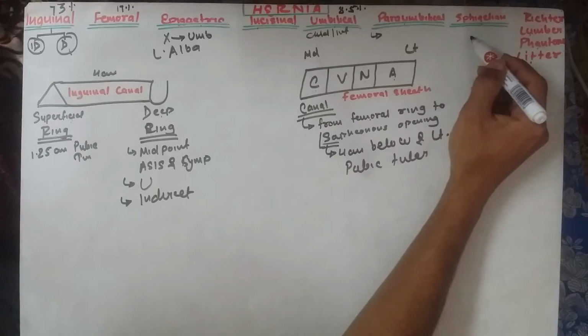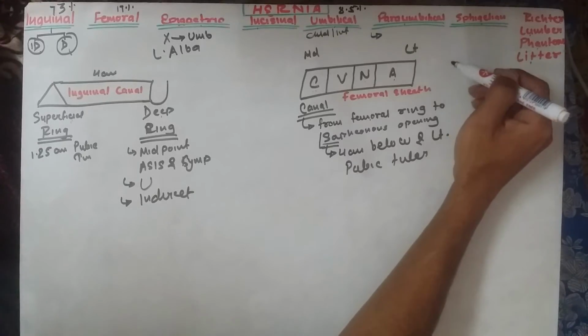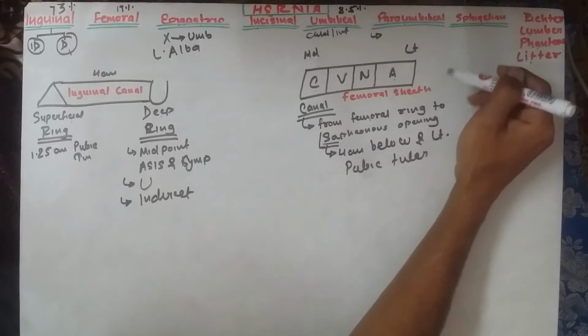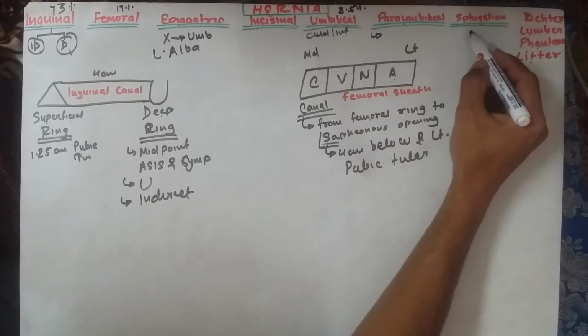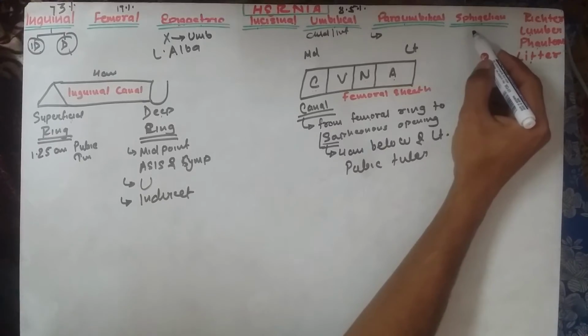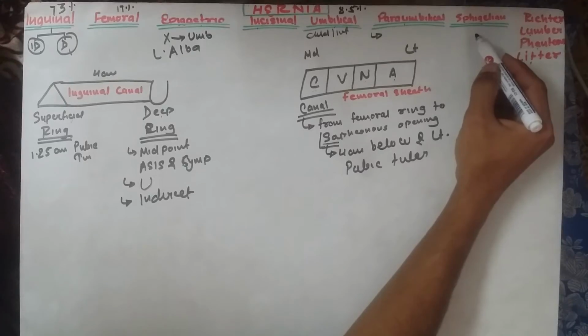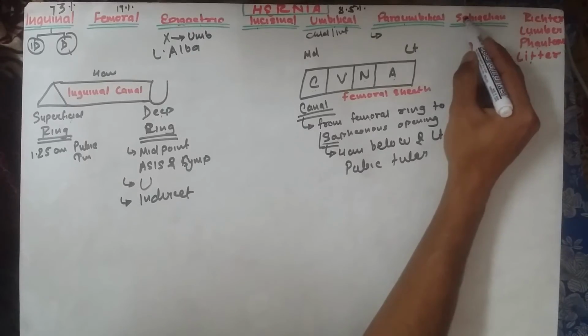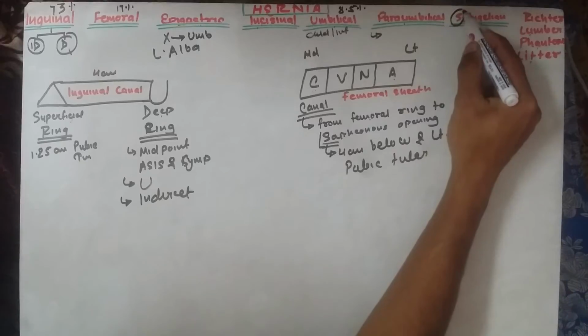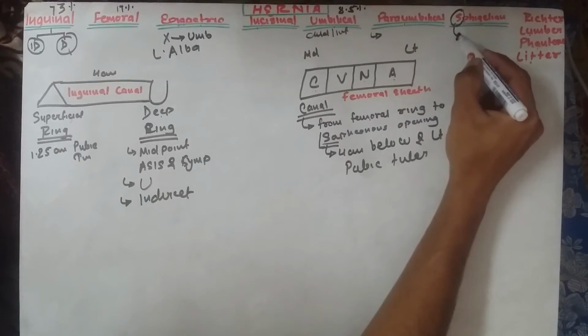Then the Spigelian hernia, this might be new for you, because the Spigelian type of hernia is seen at the arcuate line, a semicircular type of line. How to remember this? S is for the semilunar line.